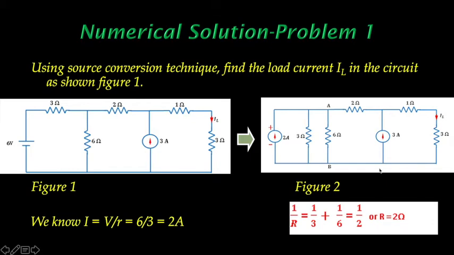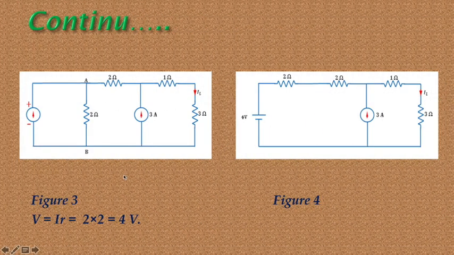From figure 2, calculate the equivalent resistance of 3 ohm and 6 ohm which are in parallel. So 1 by R equal to 1 by 3 plus 1 by 6, which is a half. So R equal to 2 ohm. Using this resistance, we obtain an equivalent circuit as in figure 3. Now the 2 ohm resistance between the terminals AB can be considered as the internal resistance of the current source.